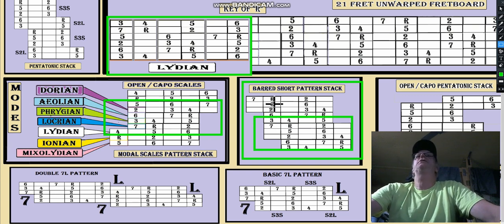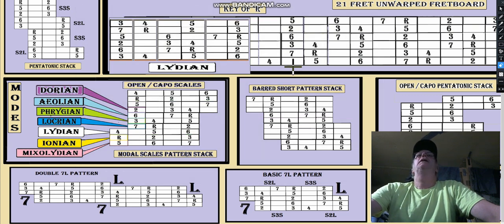It shares a box. Now let me do some erasing here. Okay, we'll erase this, and we'll send this guy on his way. I guess it's not going to let us get rid of this Lydian. The Ionian does the same thing, where it shares a box over here.